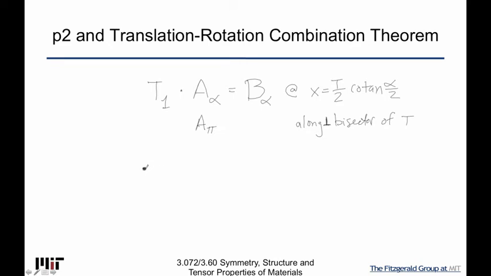Our twofold axis that we want to insert into P1. So we'll make our A pi, and let's build our motif. Right, so let's just pick a point out here. We'll put a motif in. We'll call this our first motif. Now A pi says, all right, let's drop this in.